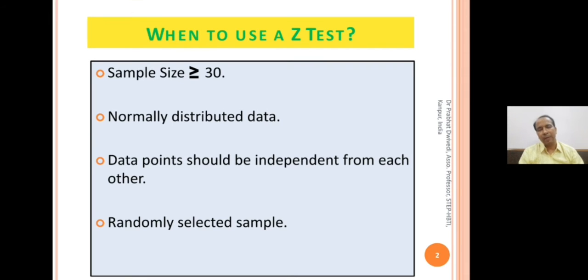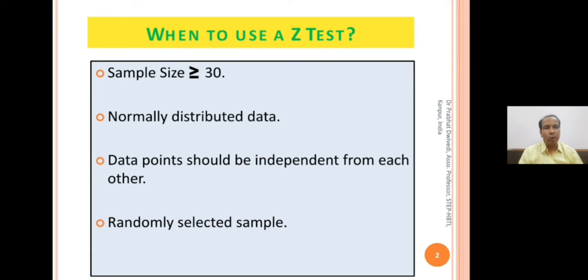As usual, I am reminding you that Z-test is conducted in the following situations. One, sample size should be greater than or equal to 30, that is for large samples. Population should be normally distributed, and since here this is for two population proportions, both the populations should be independent of each other.